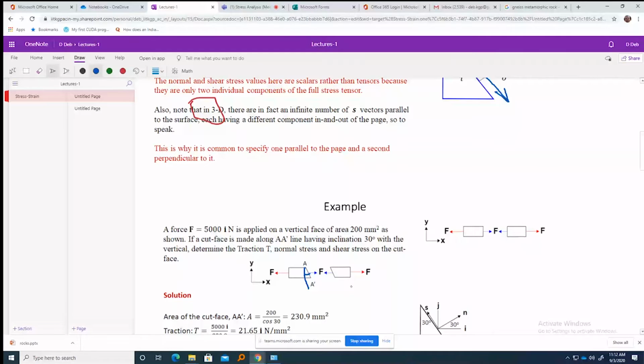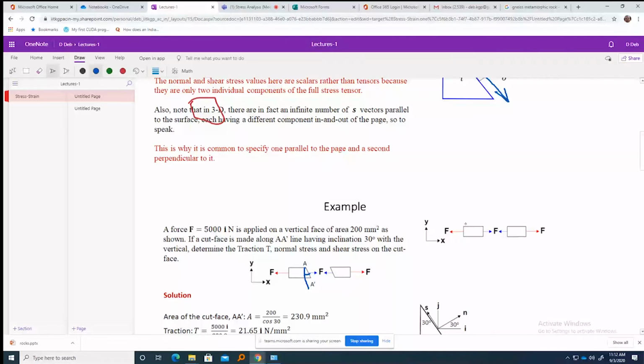A force F is acting on a 200 square millimeter area, perpendicular to that force. And then I have cut this along this line, which is 30-degree with the vertical.